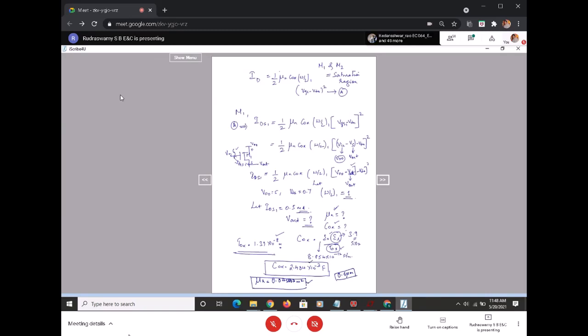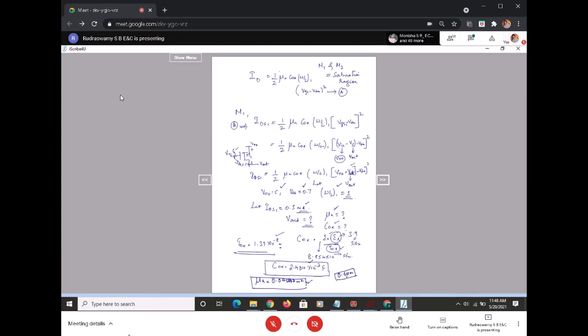We came to know what is Cox. We have assumed a W by L of NMOS. We have let the IDS, that is the drain to source current of the M1 transistor, be 0.5 milliamperes. We know what is VDD and what is VTH.